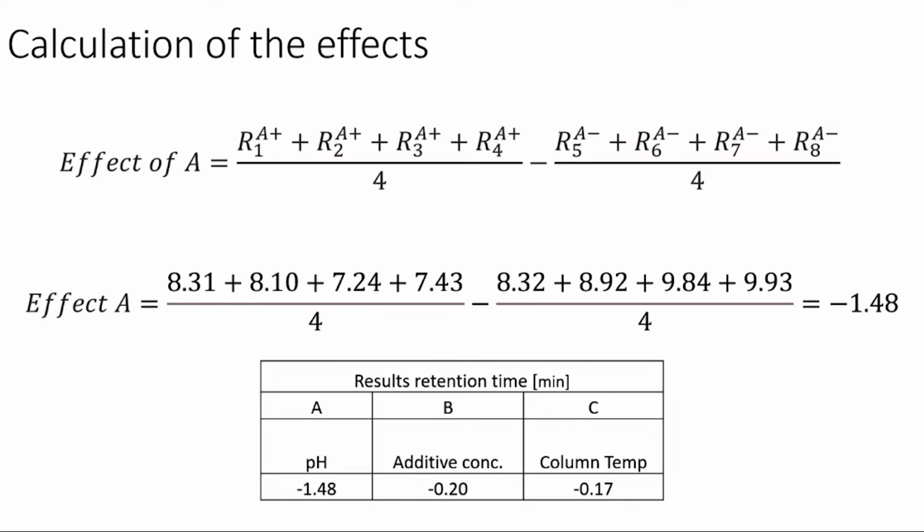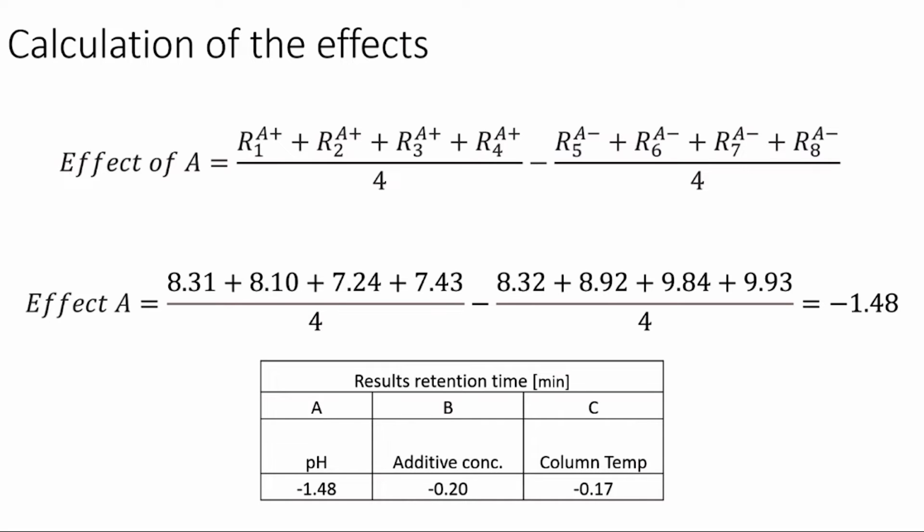We add up all the retention times of positive factor levels, divide them by 4, and then we also sum up all the retention times from levels which have a negative sign, divide them by 4, and subtract them from the previous value. This now gives us the value of minus 1.48 and is representative of the effect of the pH value on our retention time.